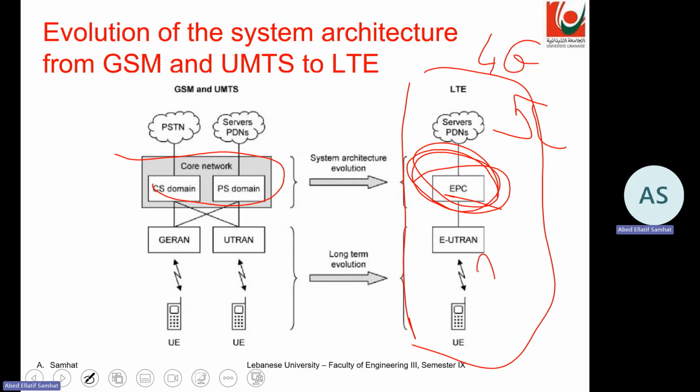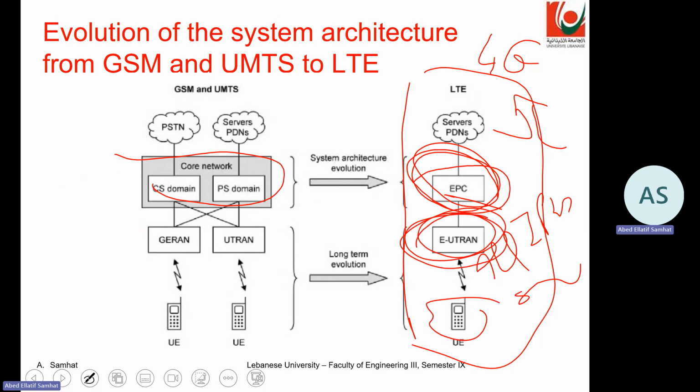It's what we call all IP-based system. Okay. And we have the user equipment, and we have the E-UTRAN. The E-UTRAN, it's also the LTE. We have the radio interface that's moving toward the LTE, and we define interfaces that can support, let's say, high bit rate. Okay, we will see in detail those architectures in the next chapters.